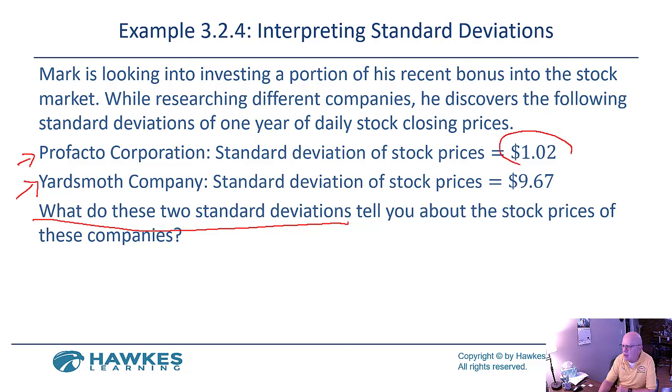Remember, standard deviation. As the stock prices go from one day to the next day, to the next day, and so on, if you take those stock prices and calculate the standard deviation for each one, these are what you get.